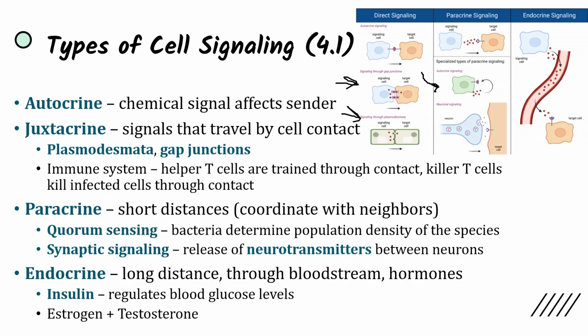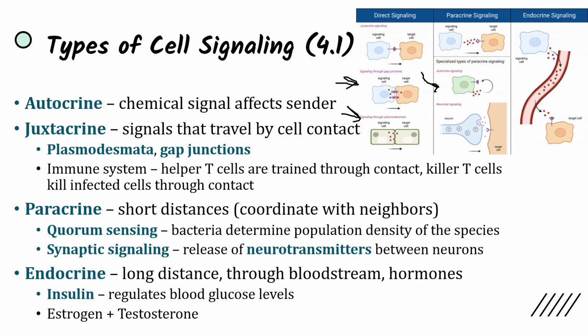And one way this is used throughout the body is in the immune system, and the helper T cells are trained through contact, as well as killer T cells, which kill infected cells through contact. So contact is especially important when talking about the immune system, because it's how our immune system trains to recognize which cells are friendly and which are foes, and then killing the unfriendly cells.